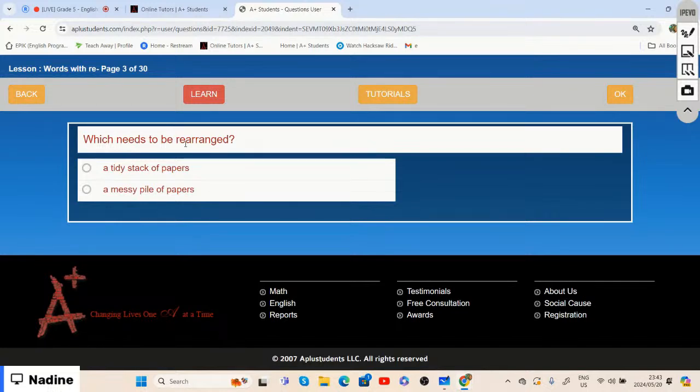which needs to be rearranged, like arranging something, but we are rearranging it. We're arranging it again. Is it a tidy stack of papers or a messy pile of papers? Would you rearrange a tidy stack of papers or a messy pile of papers?